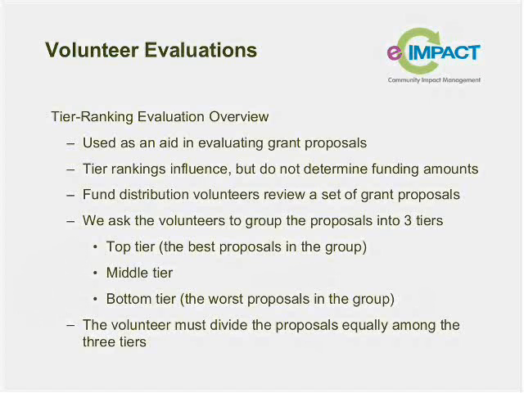And we ask them to divide the proposals into groups or tiers: a top tier, the middle tier, and then the bottom tier, for each volunteer. So it's really a ranking system, and if they're reviewing 20 proposals, we don't ask them to rank them in order and debate which one should be number 17 or number 18, but just basically divide them into three groups. Okay, Don?